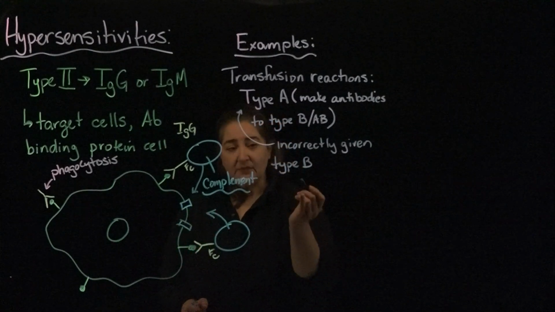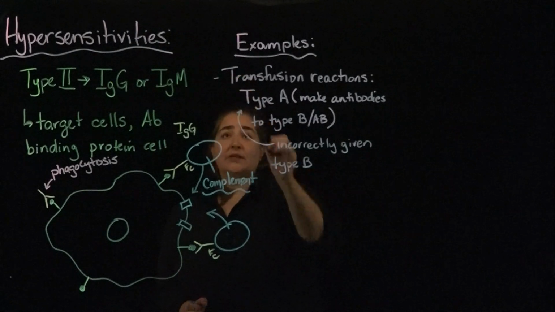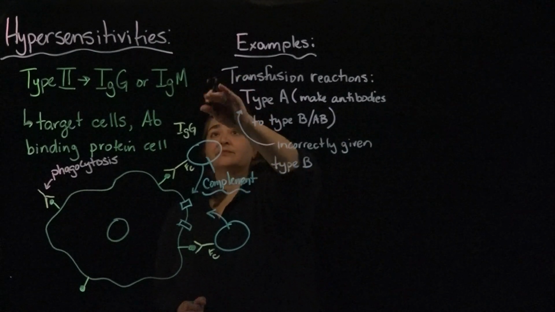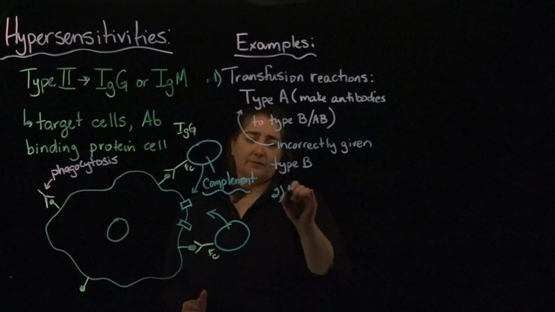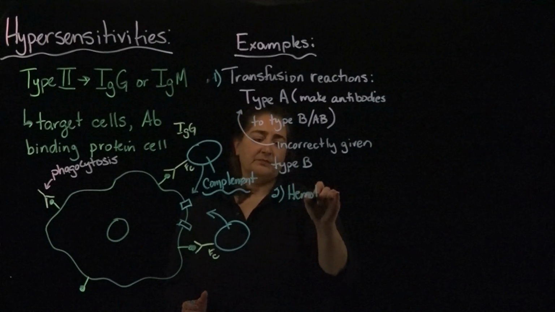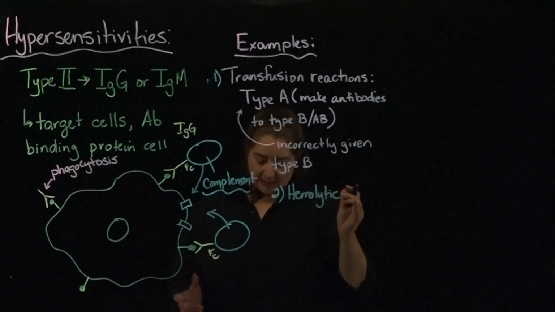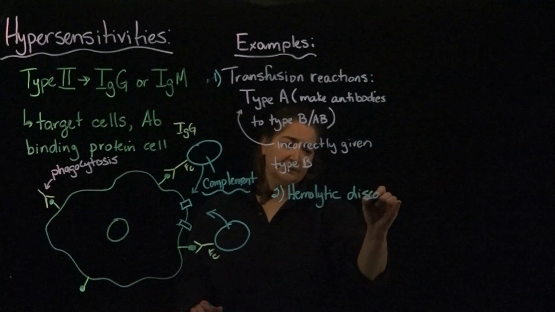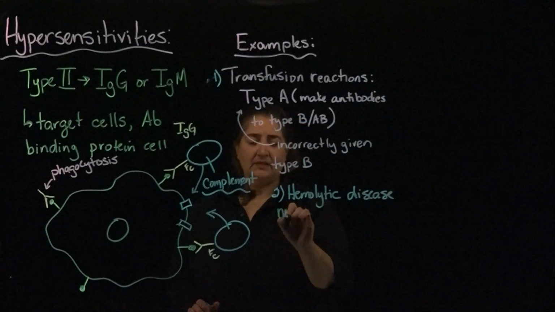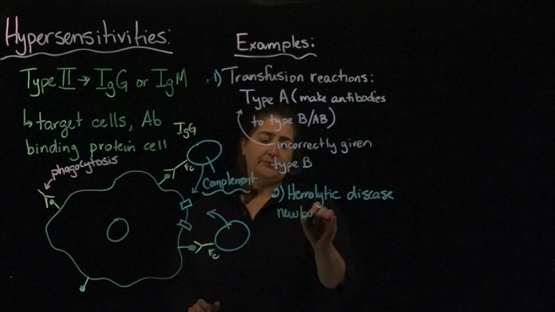So that's one example. I'll put a 1 there. Our second example is the hemolytic disease of the newborn.